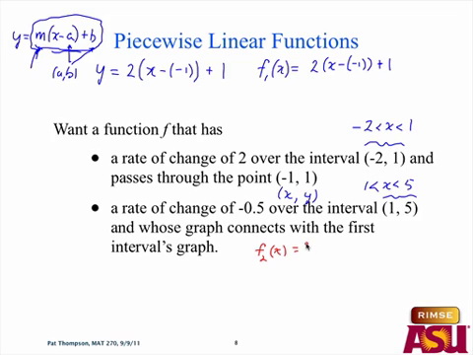Who wants to give this a shot? Sharon. Negative 0.5 times x. Because it connects with the first interval, you have to use the point that was... Okay, so now we have to think about this.